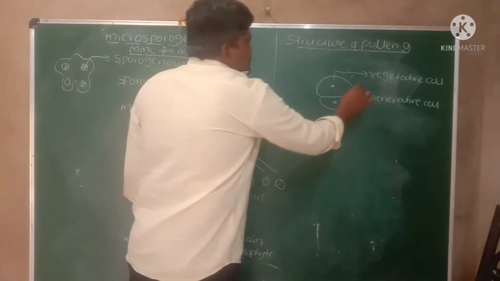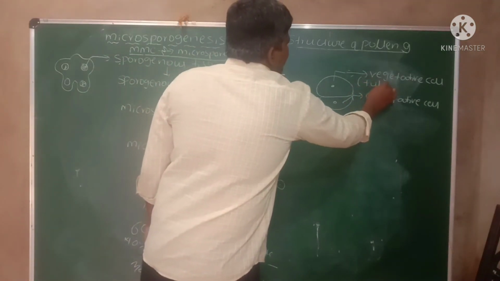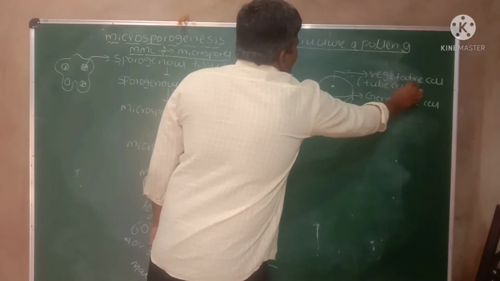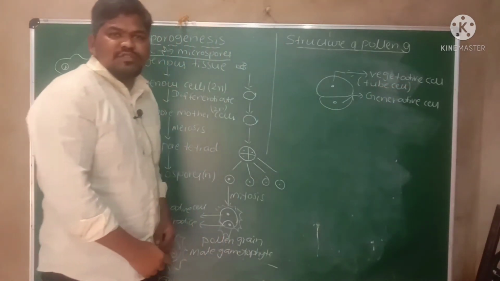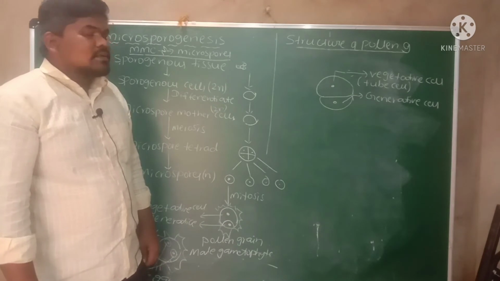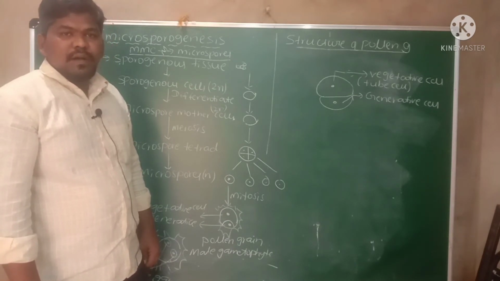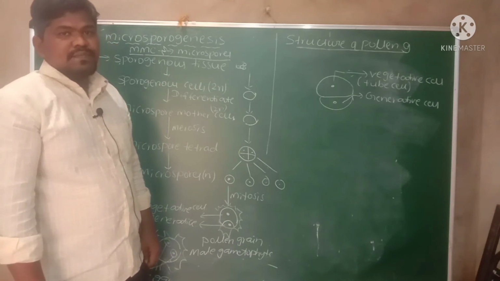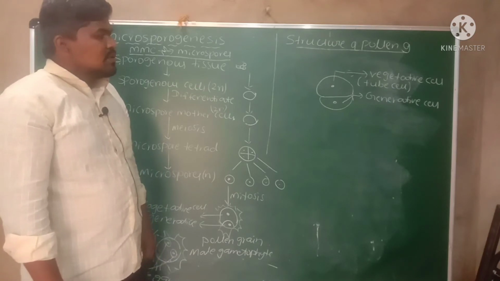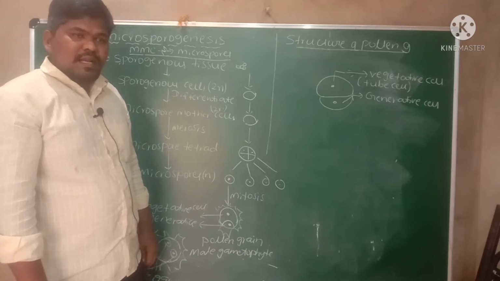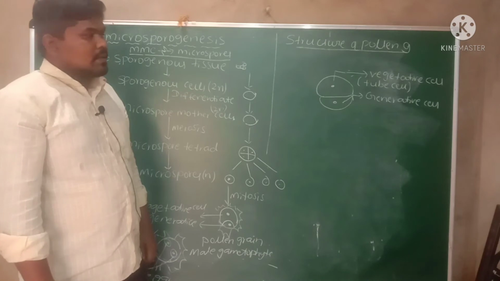The vegetative cell is also called the tube cell. Why is the vegetative cell called the tube cell? Because the vegetative cell will form the pollen tube after germination. Hence, the vegetative cell is also called the tube cell.